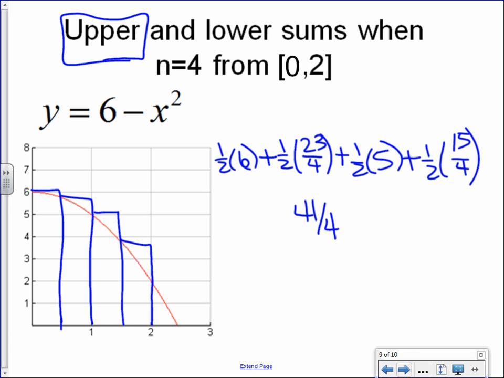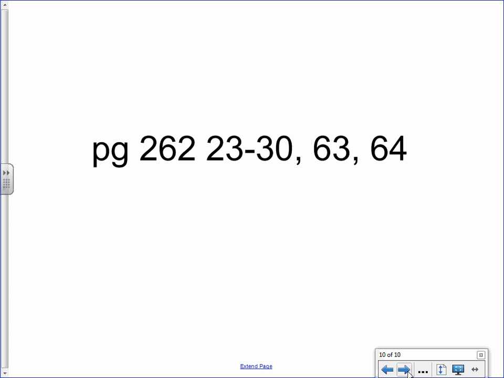All right, so let's look at your homework. On page 262, 23 to 30, they're asking for upper and lower sums. And they actually give you the picture with rectangles. Okay, that's nice.